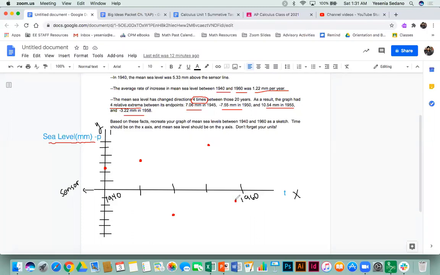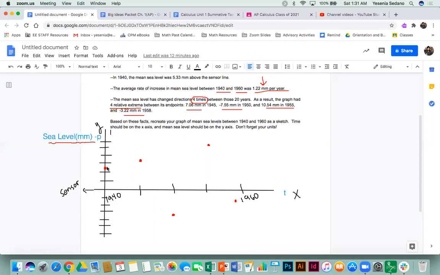And then we still need the point at 1960, and I'm going to use the average rate of change information to figure out that last point. But for now, let's go ahead and fill in what we got so far. Maybe I'll use blue. I know that according to using polynomial fit and statistics, my graph needs to look smooth.